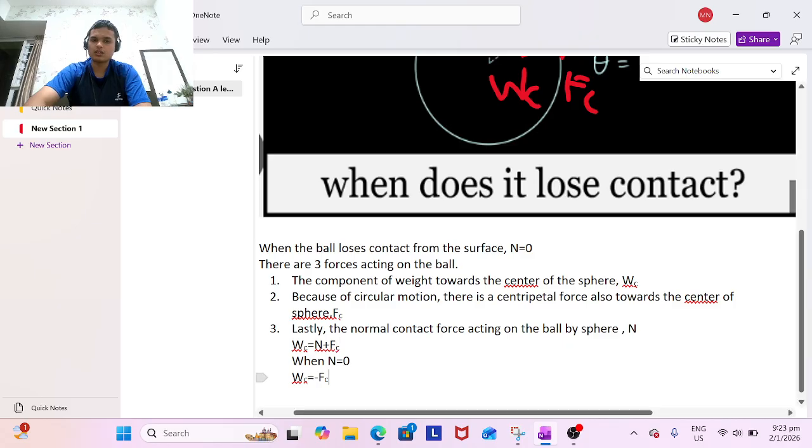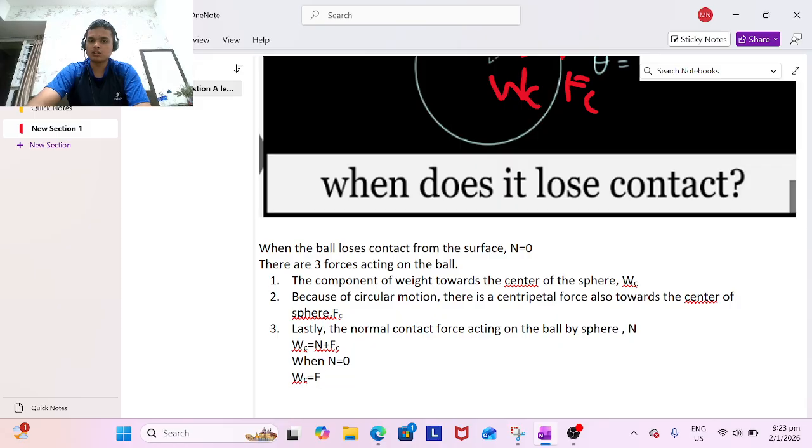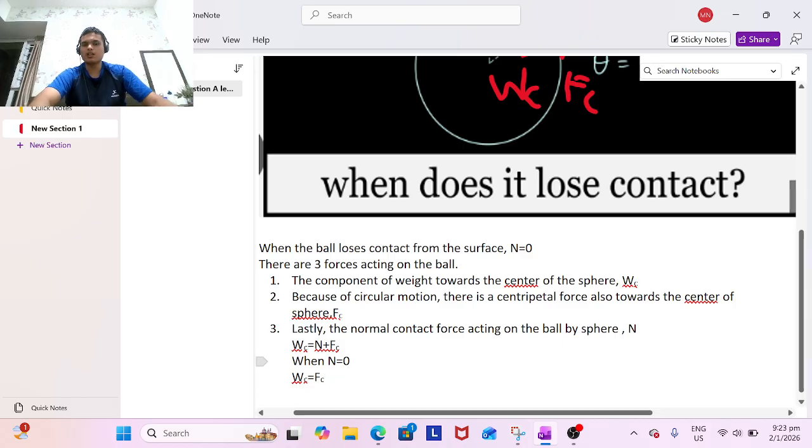So basically, the weight provides for the centripetal force, and any extra force would go to the normal contact force.